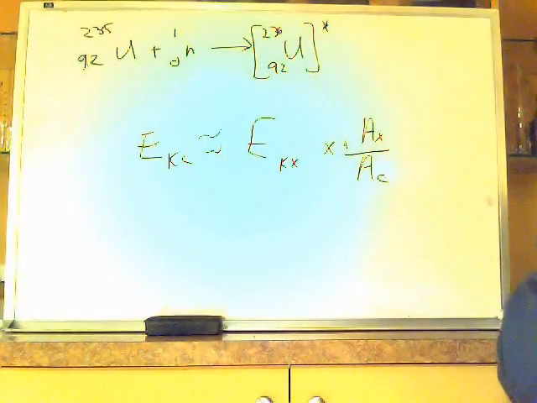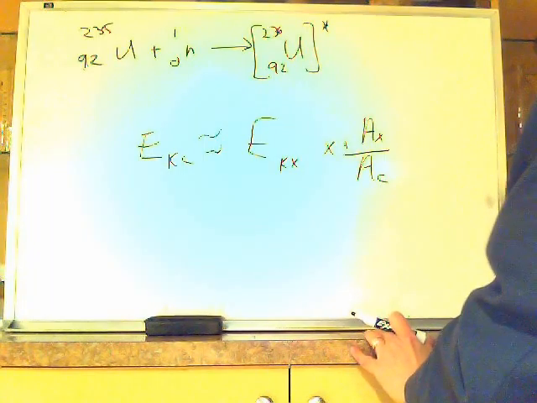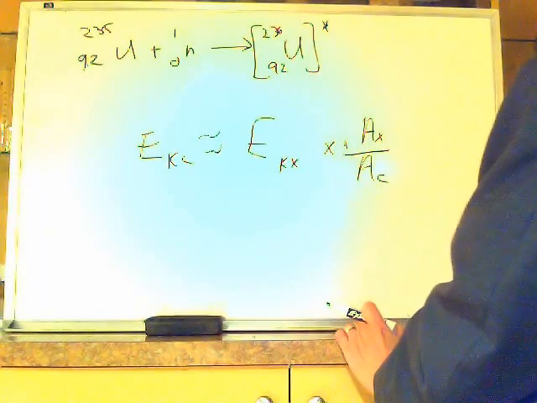Once we've converted that into electron volts, it's a very small number: 0.0253 electron volts. So in this case, it's just about negligible.